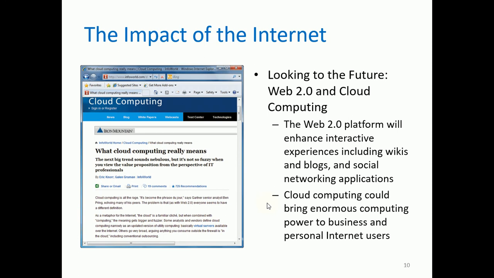So looking to the future, Web 2.0 and cloud computing. The Web 2.0 platform will enhance interactive experiences, including wikis, blogs, and social networking applications. Actually, that is the characteristic of Web 2.0: it is the interaction. While Web 1.0 is just static.